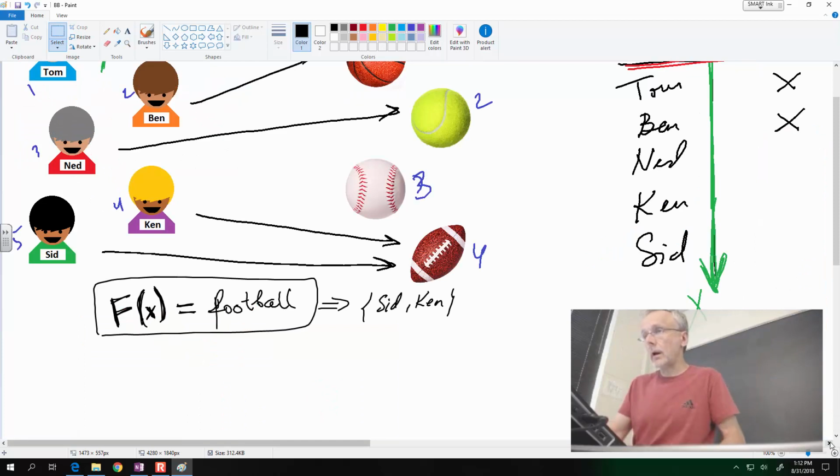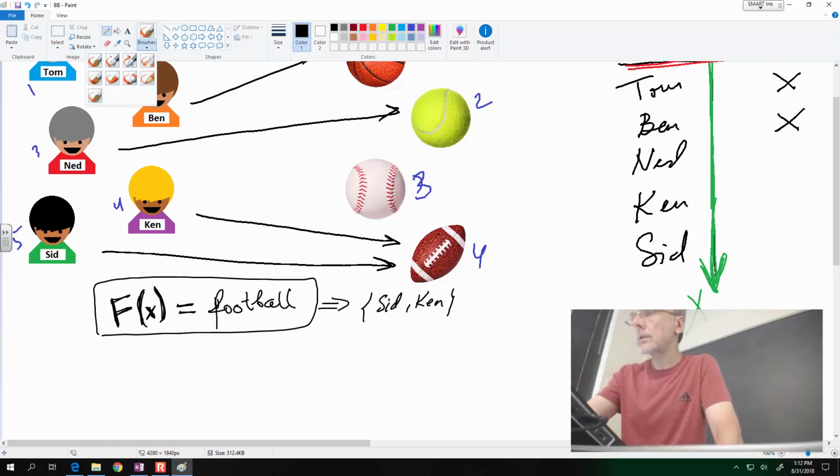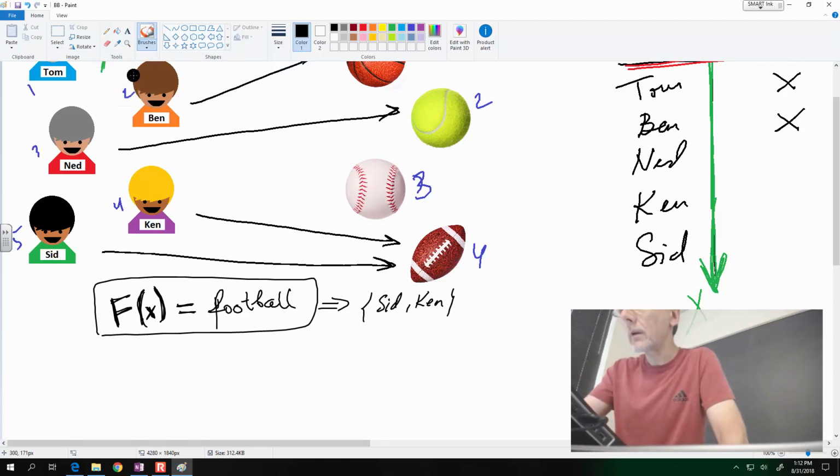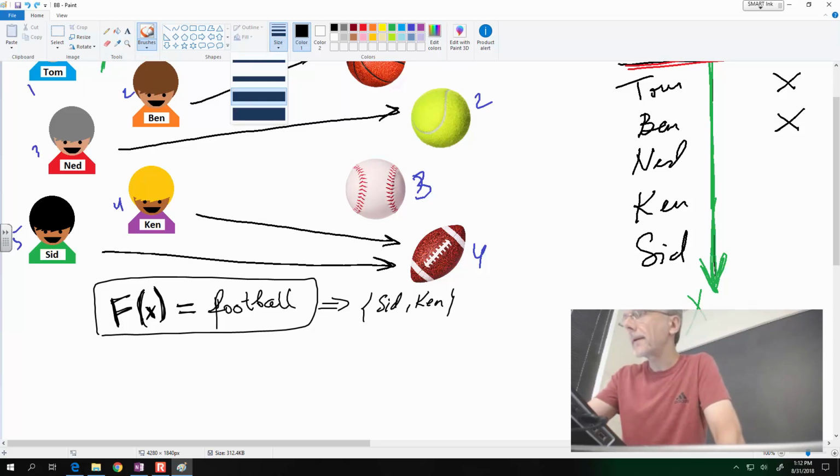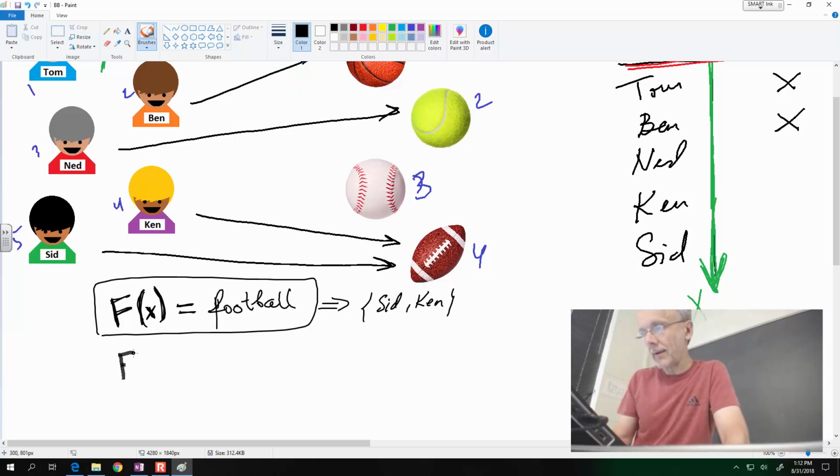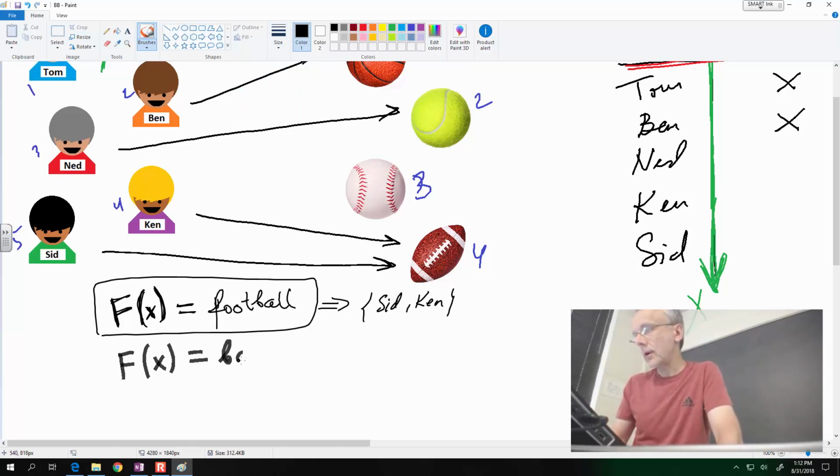The other equation that I want to solve is f of x is equal to baseball. What's the solution?